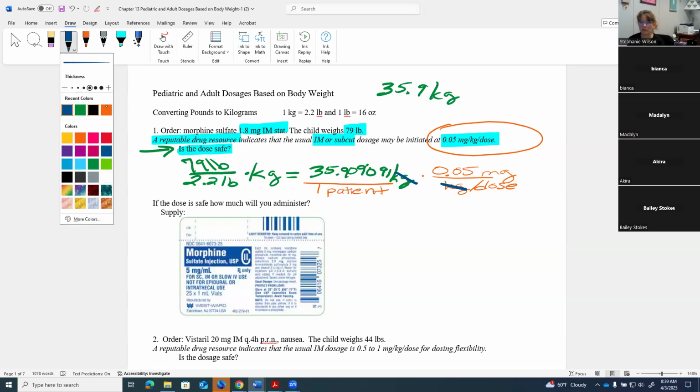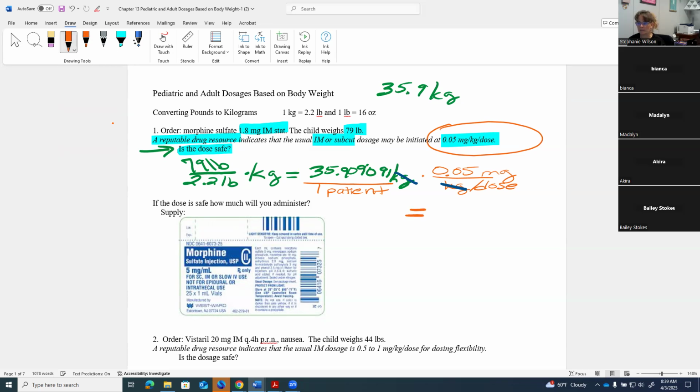And now I'm going to multiply. So I have 35.90909 times 0.05, and that gives me 1.7954.